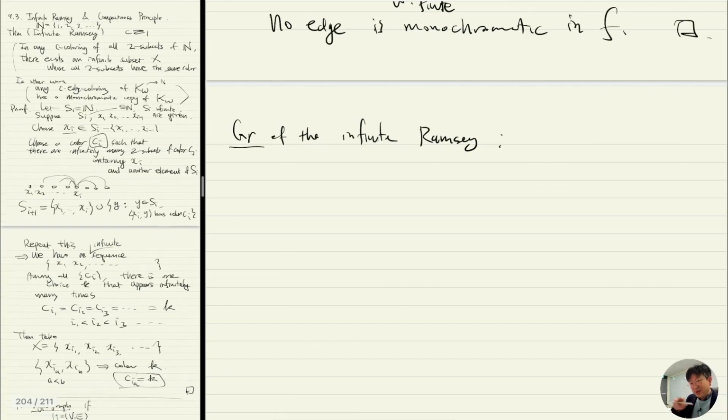So whenever you color all two-subsets of natural numbers, then there is an infinite subset where all two-subsets have the same color.